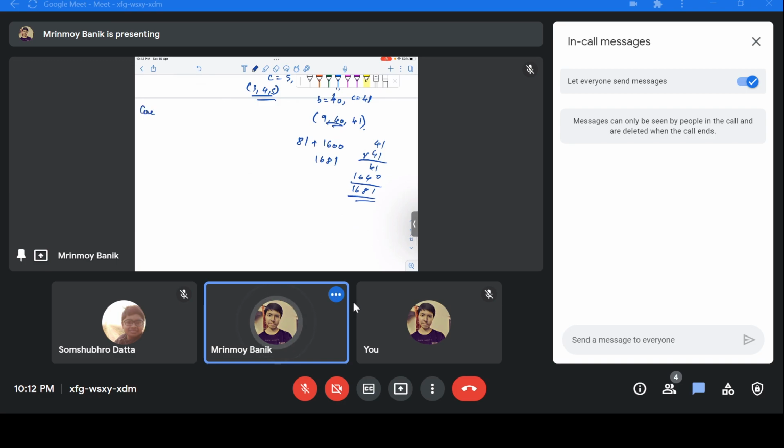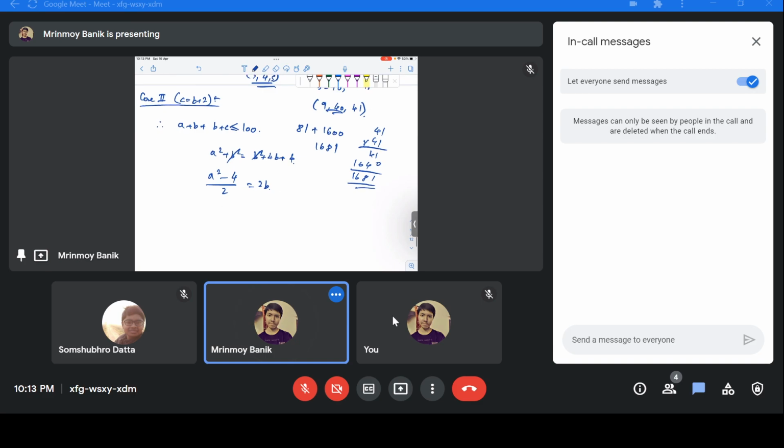So case 2, c equals b plus 2. Similarly, a plus b plus 2 is less than 100. From there we have a squared plus b squared equals b squared plus 4b plus 4. So a squared minus 4 by 2 is 2b.